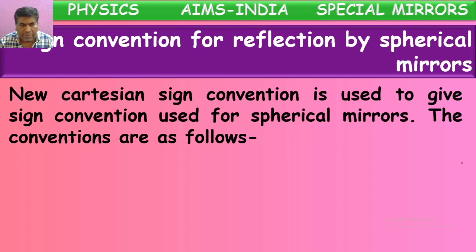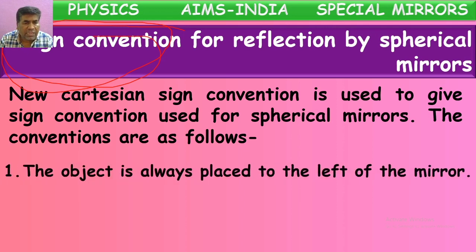So regarding the sign convention. While using concave mirror or convex mirror values, sometimes we have to keep a plus symbol, sometimes a minus symbol. When to keep plus and when to keep minus depends on a method called sign convention. Sign convention means when we have to keep a plus value or a minus value before the numerical values.